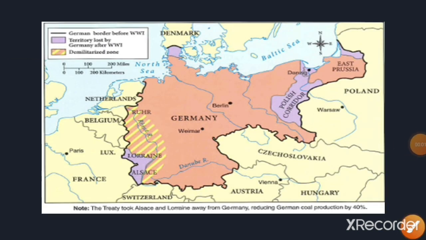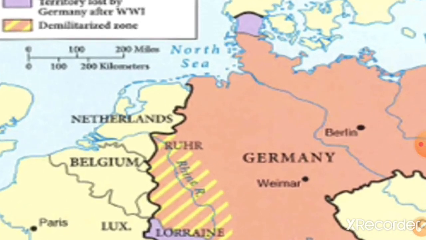Children, this is the map of Germany. After the First World War, Germany had to give away many parts to the Allied powers, and some parts of Germany were also demilitarized. So let us see. I'll just zoom in on the index over here.